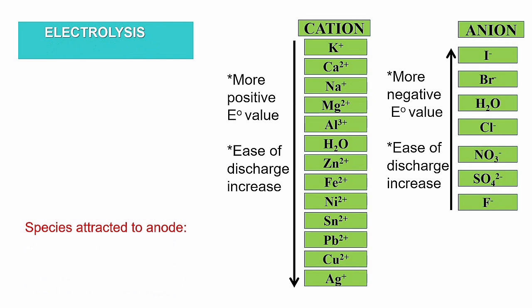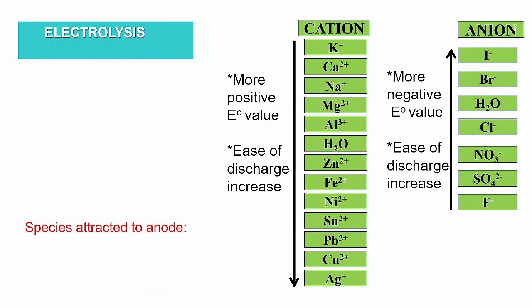So if hydroxide was in a solution with fluoride ions and they were going to the same electrode to be discharged, the electrode is going to discharge fluoride ions because the anion in the higher position in the series will be preferentially discharged. That's the first way the electrodes decide which ion to discharge.